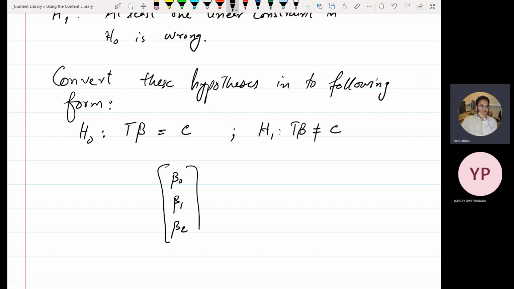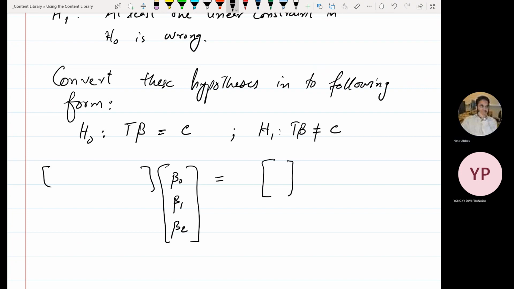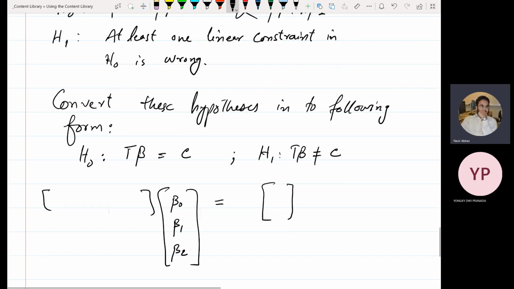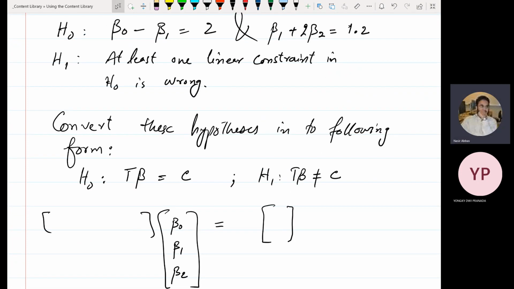This is my beta vector, correct? My T matrix will be something like this, and equal to my C vector should be, again, a column vector. I need to fill this bracket and this bracket in such a way that this product equals C becomes that.